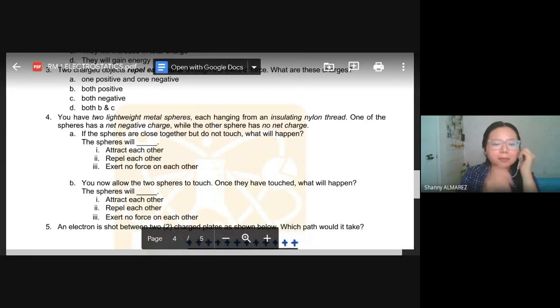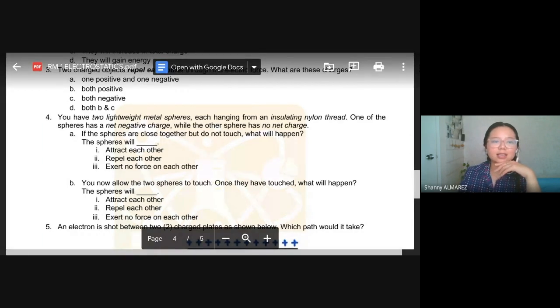So, ano mangyayari? Nung nagdikit sila, parehas na silang magiging negatively charged. So, immediately after the contact, we are expecting for them, okay, Wendell is correct, to repel each other. So, I think tama naman yung answer key dyan.